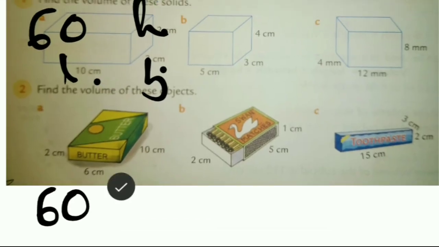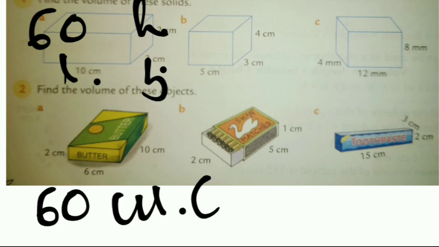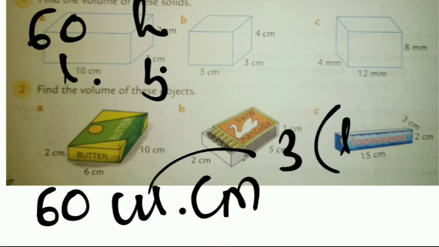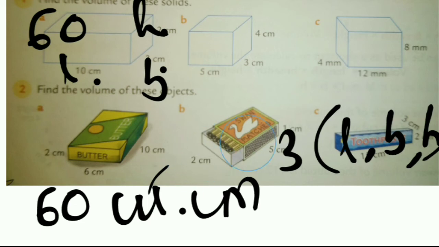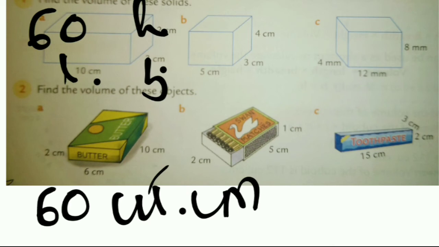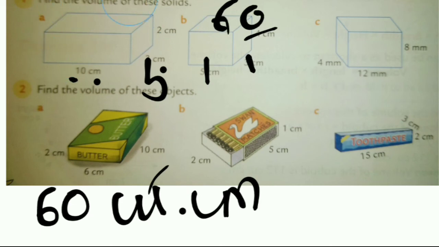Unit of volume means cubic centimeter. Cubic means 3. 3 means length, breadth and height. Okay. So like this we can solve. Next one, length, breadth and height. So 5 into 3, 15 into 4, 60. 60 cubic centimeter. So like this we have to solve all the questions.